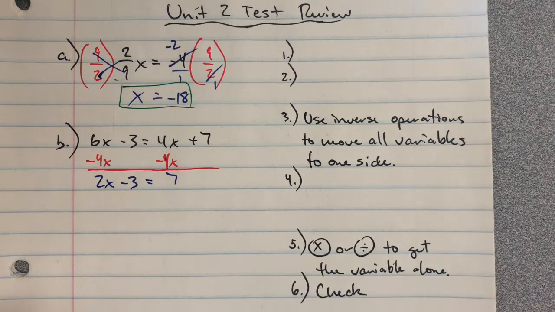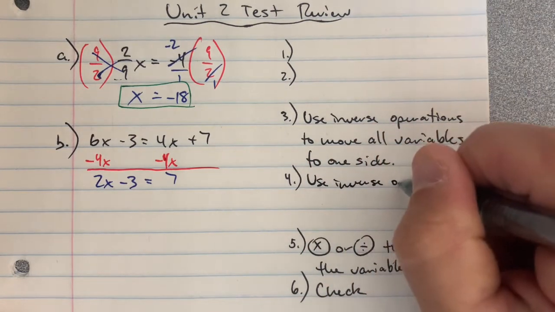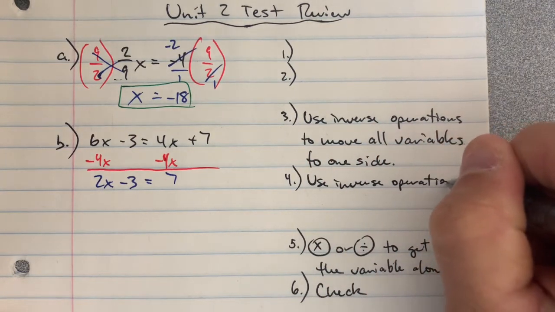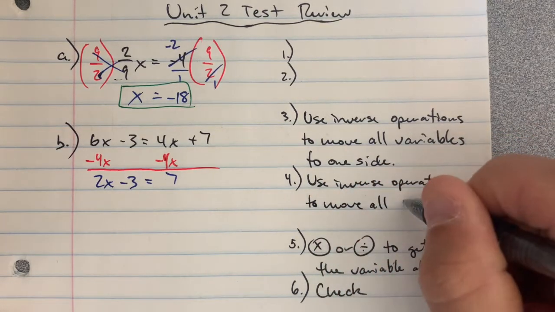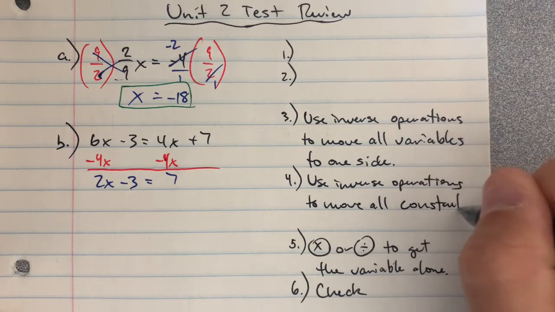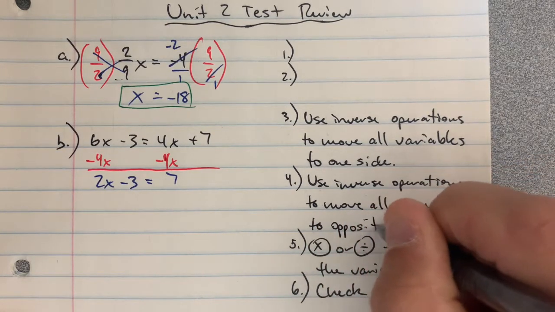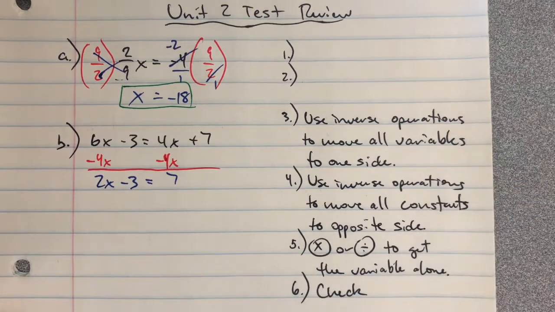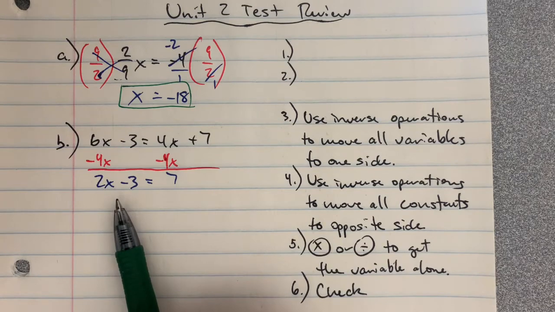So we moved all the variables from the right side to the left side. Step 4 tells us to use inverse operations again to move all constants to the opposite side. Meaning, I have -3 and I have 7.